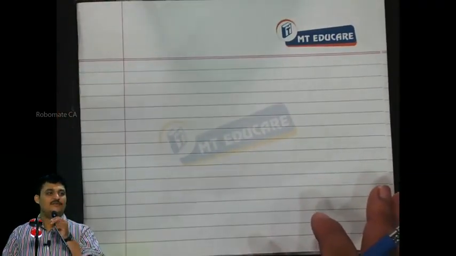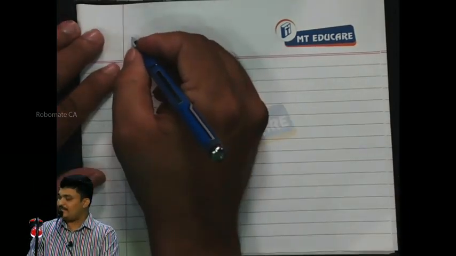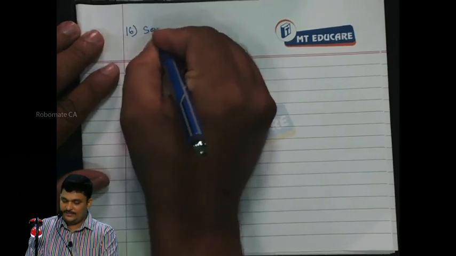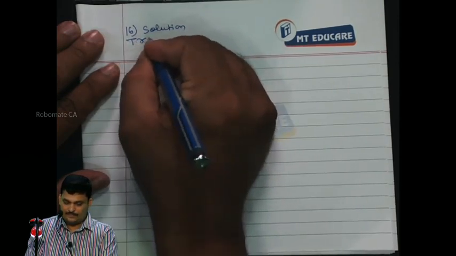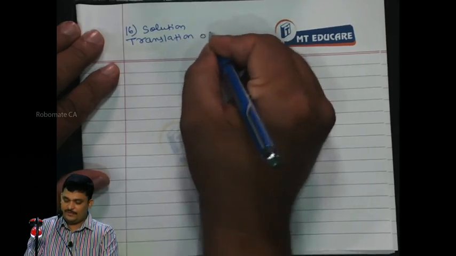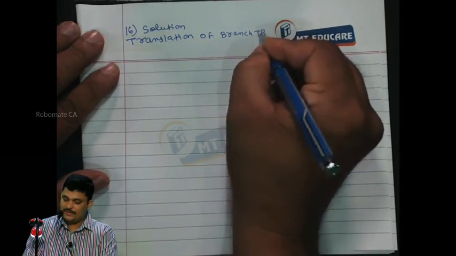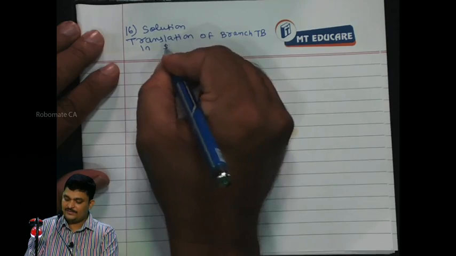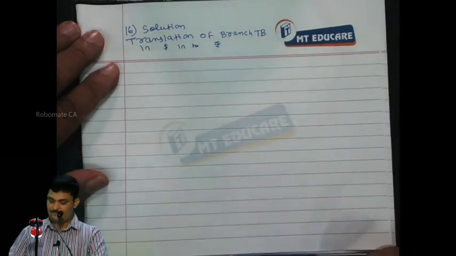Friends, please stop talking. Translation of question number 16. Solution. Translation of branch trial balance, which is representing dollars, into rupees.